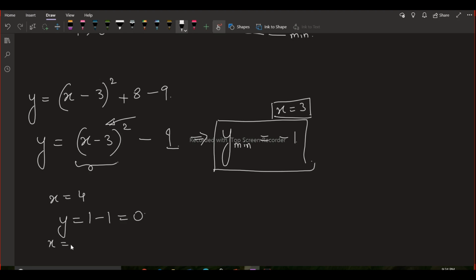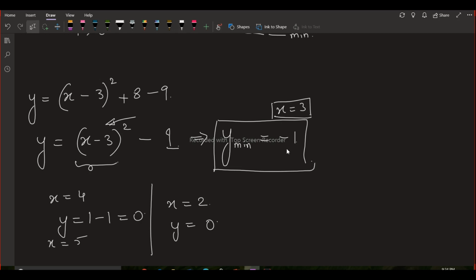If you put x equal to 5, you'll get 3 as the answer. If you put x equal to 2, this will become 2 minus 3, which is minus 1, the square is 1, and 1 minus 1 is 0. So again, you're not getting the minimum value. The minimum value you get when x is equal to 3, and the minimum value is minus 1.